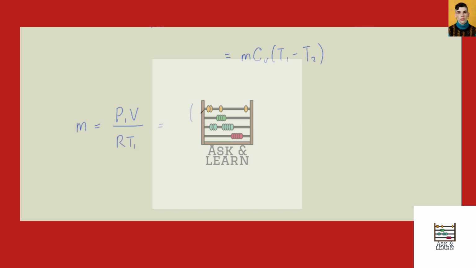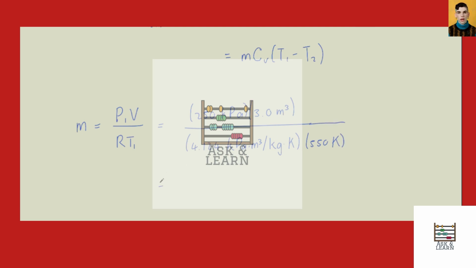And this is equal to 250 kilopascals times a volume of 3 cubic meters, all over R for hydrogen, which is 4.124 kilopascal meter cubed per kg Kelvin, times T1, which is 550 Kelvin.